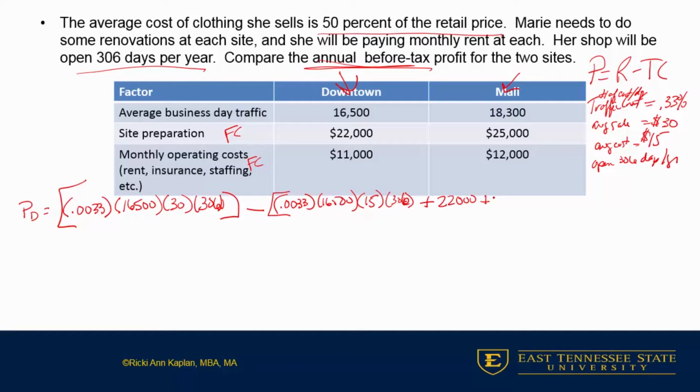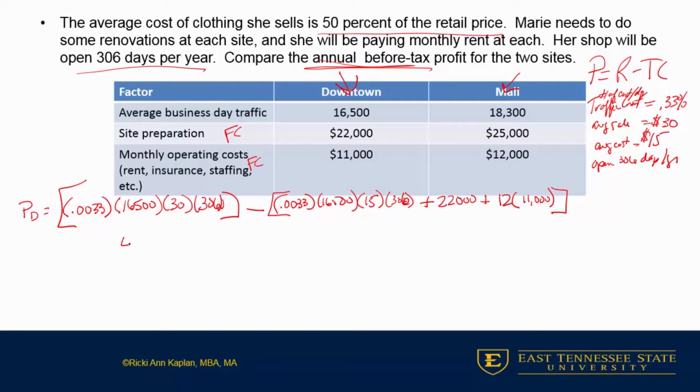How many months in a year? 12 months per year, so it's going to cost me $11,000 per month. That's my formula for this.